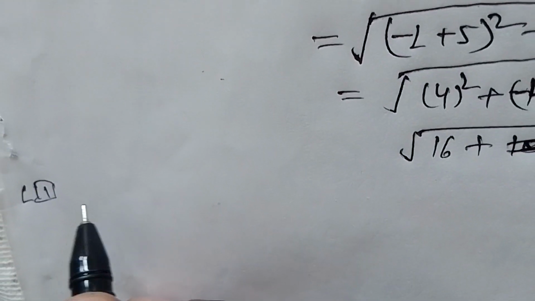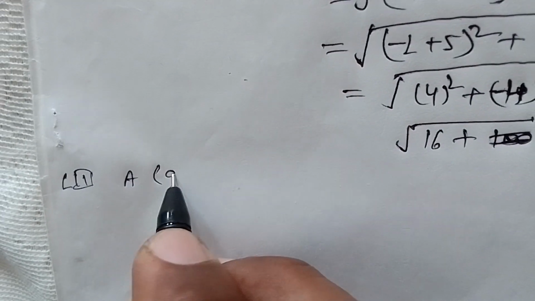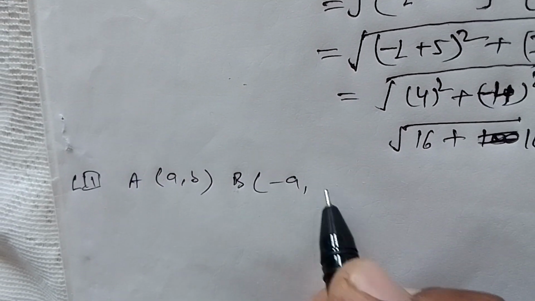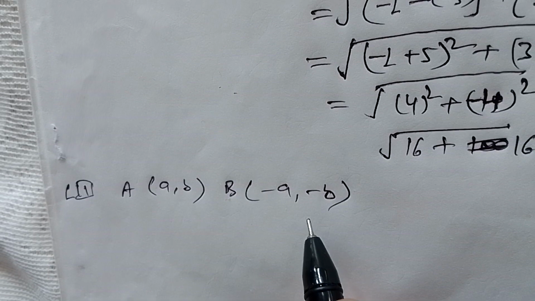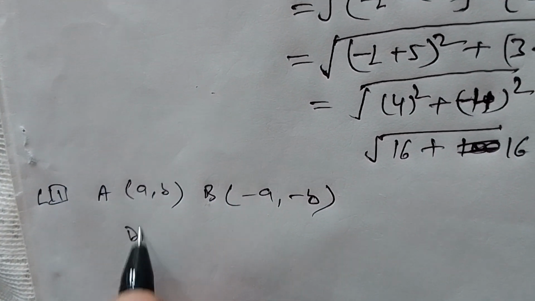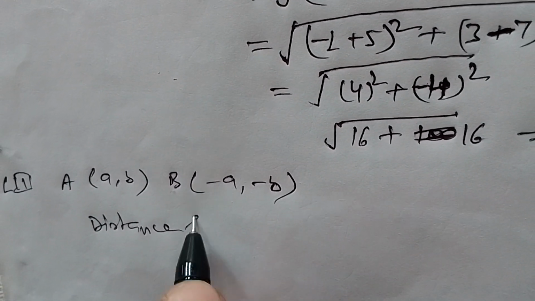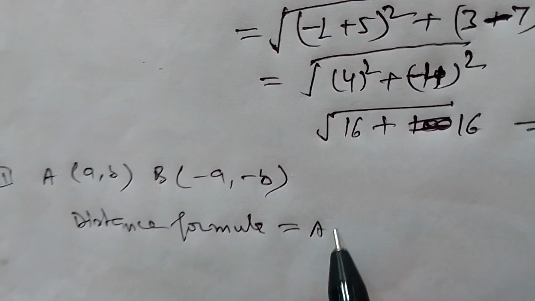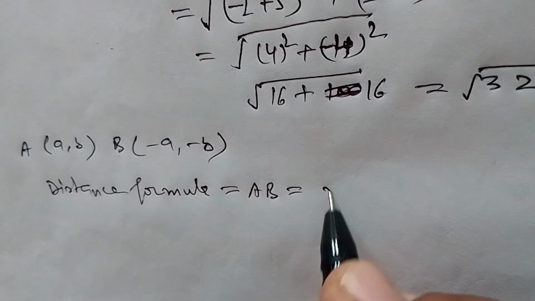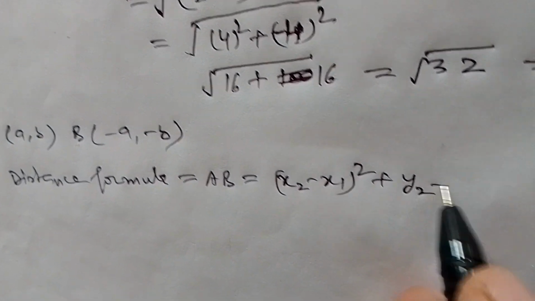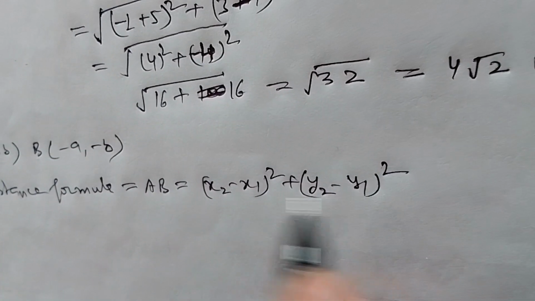Now the third part of the first question has 2 points given. The first is (a, b), the second is (minus a, minus b). So here we again use the same distance formula to calculate the distance between the points: AB is equal to the square root of (x2 minus x1) square plus (y2 minus y1) square.